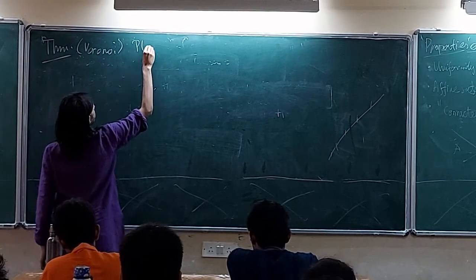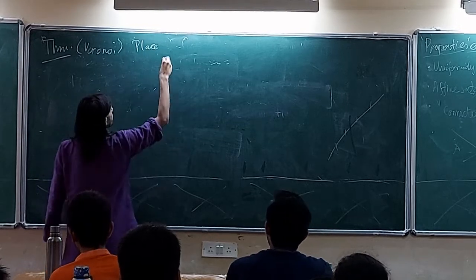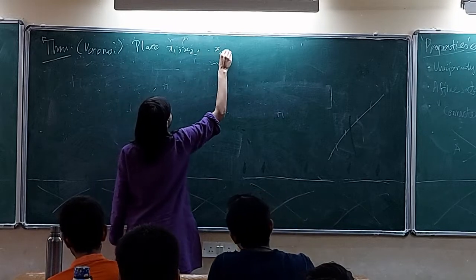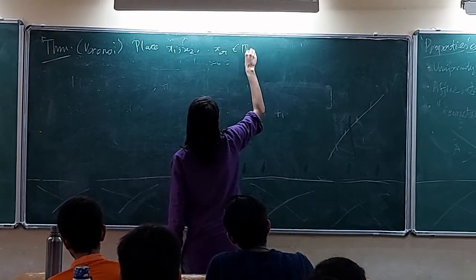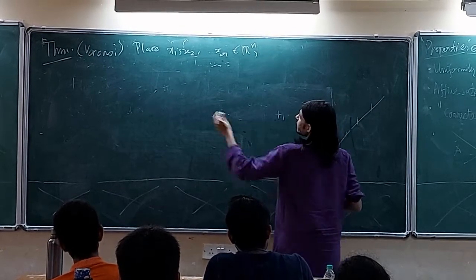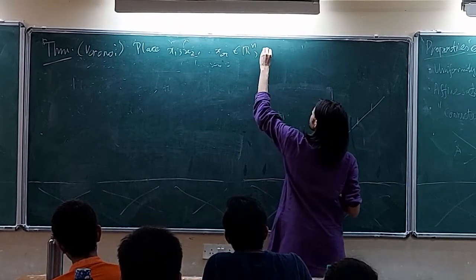Place however many points you want, x1, x2 up to xr in R^n. There needs to be no relationship between n and r, apart from the fact that they are possible. And create Voronoi cells.